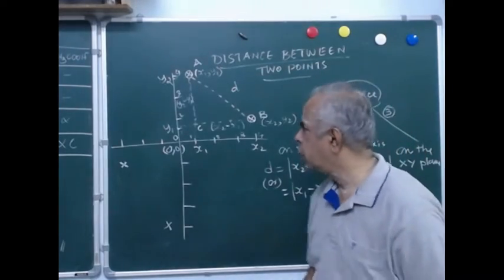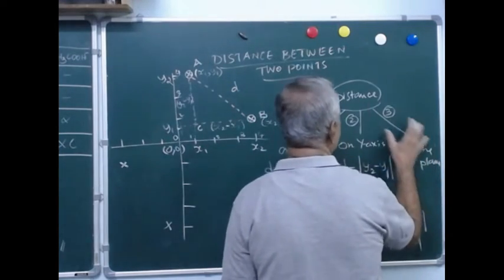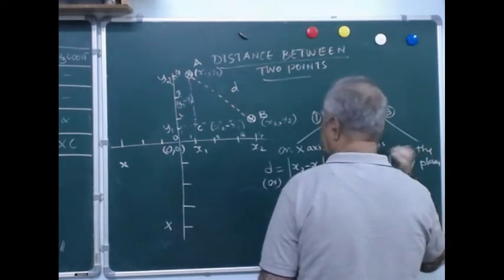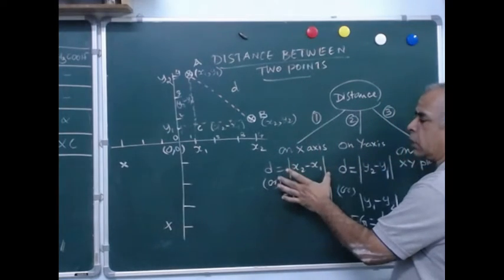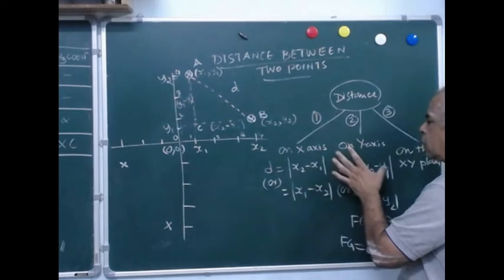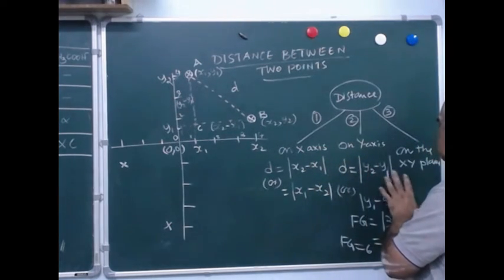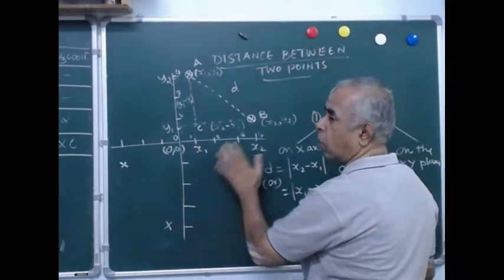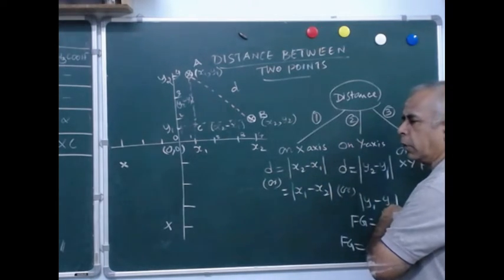Let us now consider the third one, which talks about the distance between 2 points on the xy plane. Previously we discussed the distance between 2 points on the x-axis, x2 minus x1, and on the y-axis, y2 minus y1. Sir, suppose the points lie anywhere on the plane, what are we supposed to do? There is another formula for this.